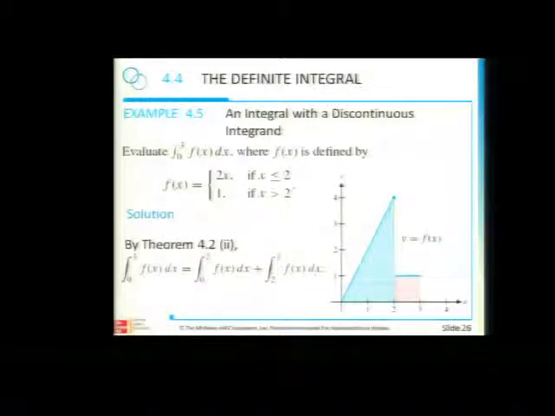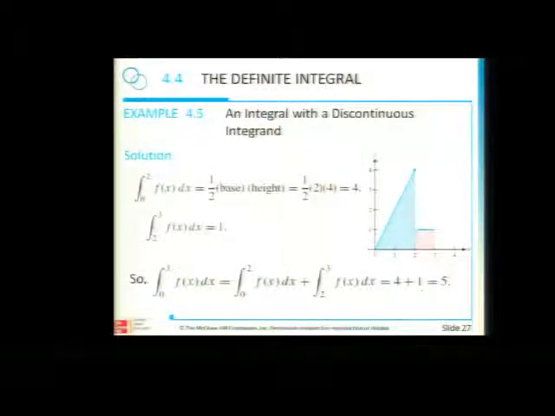Okay? So what we know is this. This definite integral from 0 to 2 represents the area under the curve. Therefore, the first integral is the area of the blue triangle, isn't it? Whereas the second integral, by definition, represents the area of the pink square, which can be done quite easily.